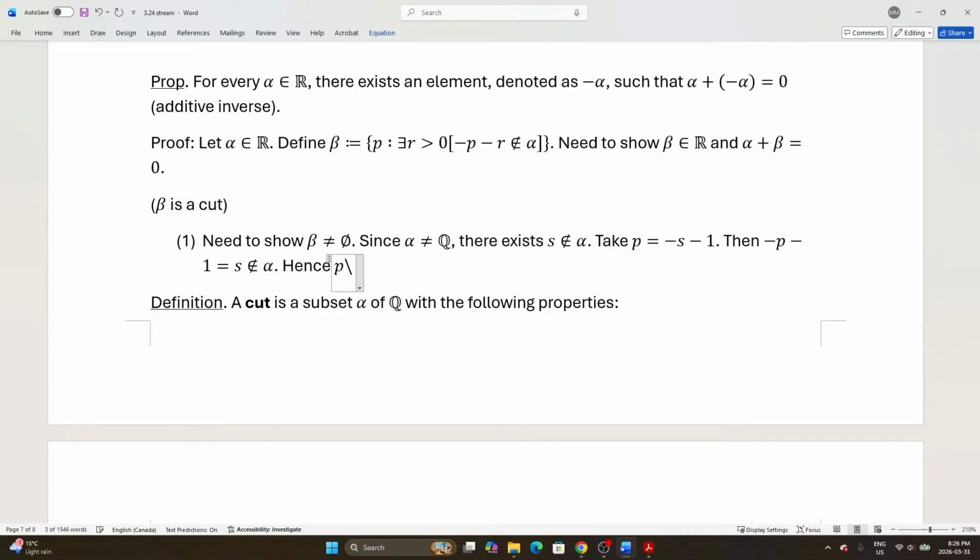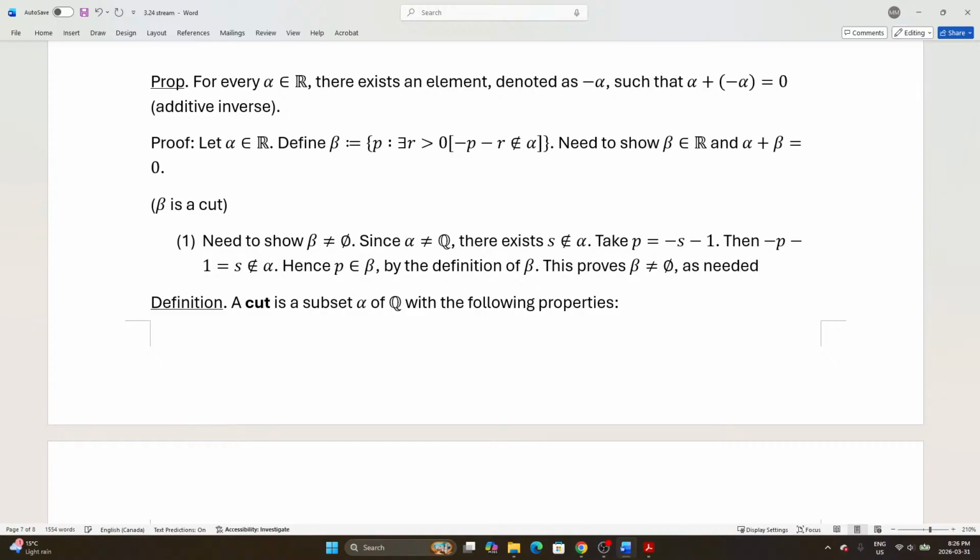P is in beta if there exists a positive r such that minus p minus r is in alpha. We have minus p minus 1 is in alpha, so by the definition of beta, p is in beta. Yeah, it's right in our face. So this proves beta is non-empty as needed.